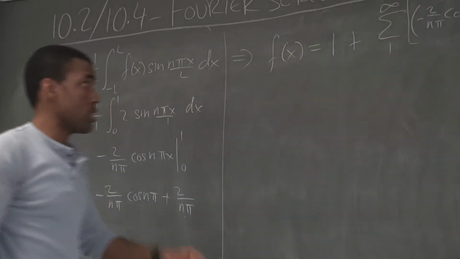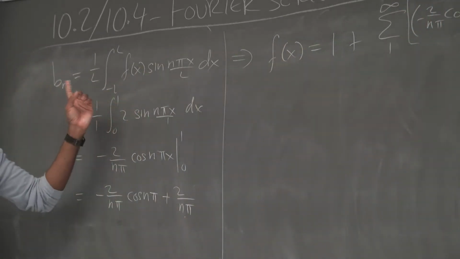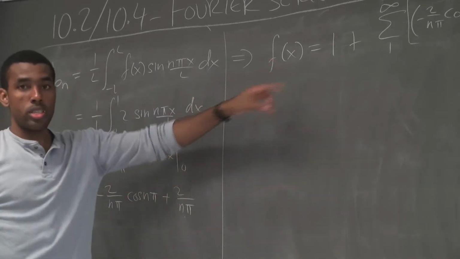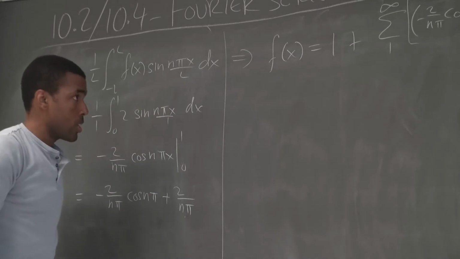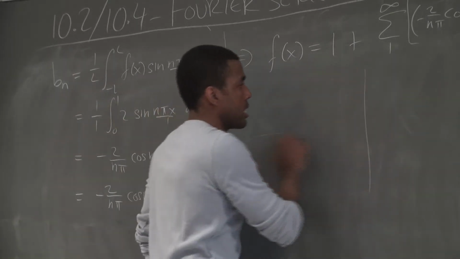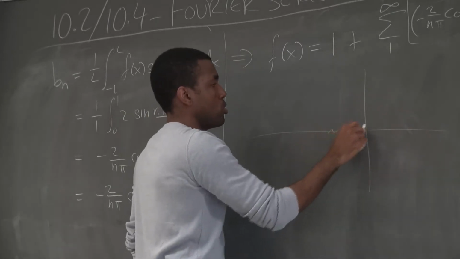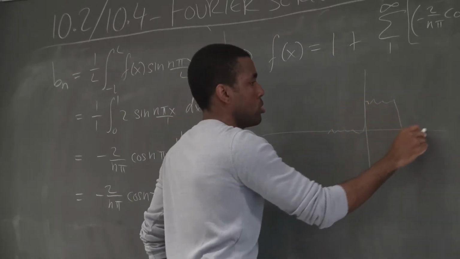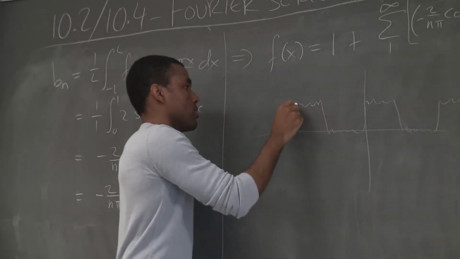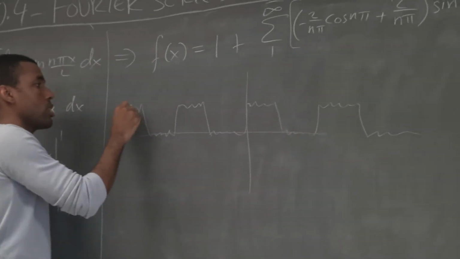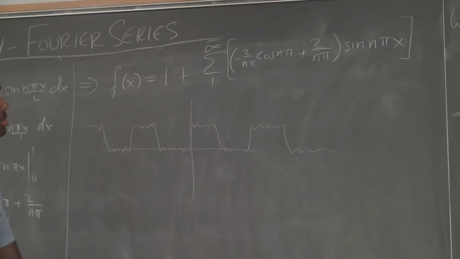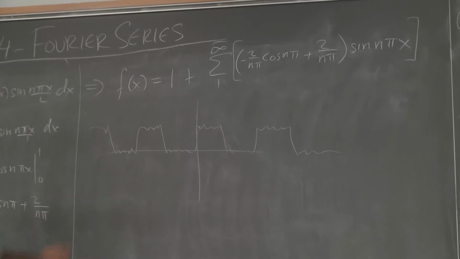And so for that function, the function that takes on the value 2 from 0 to 1 and 0 from 0 to negative 1, that's the Fourier series. So that's going to be the guy that looks like this, right? And the more terms you get, the more these will get closer to the straight line. So that's your guy.